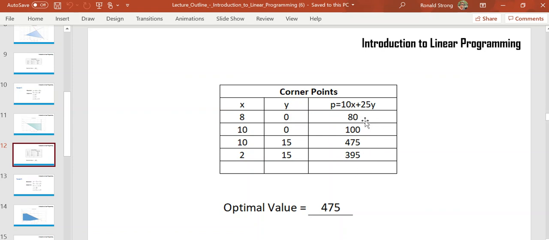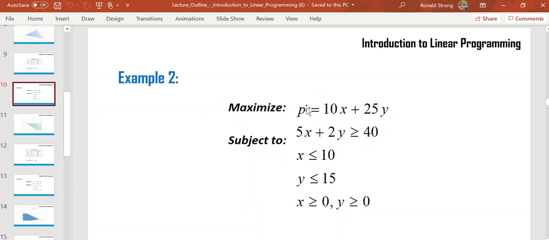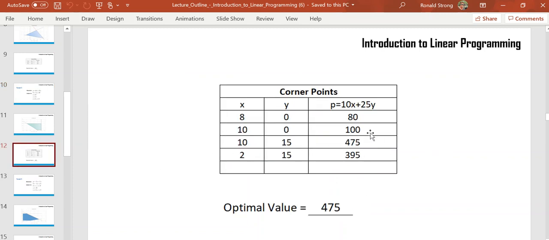And so we end up with our P-values. Since in the original problem it said to maximize P, we want to look for the largest P-value. And clearly the largest P-value is 475. So the optimal value of the objective function is 475.